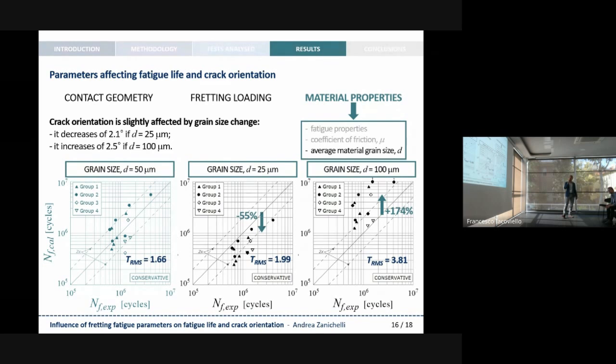So in the case of a smaller grain size, the fatigue life decreases, and in the case of a bigger grain size, it increases, of course, because we are changing the size and the location of the verification point. As far as the crack orientation is concerned, it is slightly affected by the grain size change, since it decreases by about 2 degrees for the small grain size, and it increases by 2.5 degrees if the grain size is assumed equal to 100 microns.